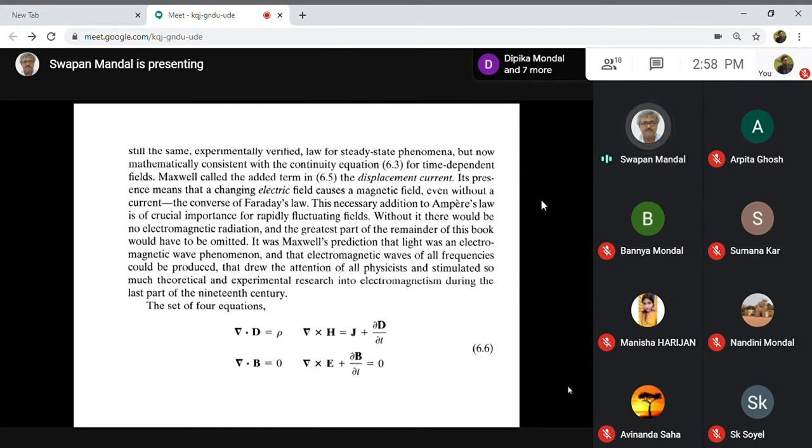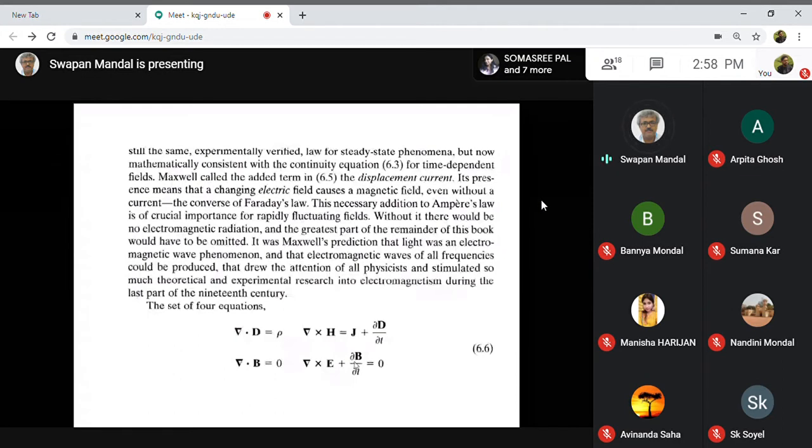So this is also a multivariable function derivative, basically. So these equations are first order multi-dimensional differential equations involving electric and magnetic field.